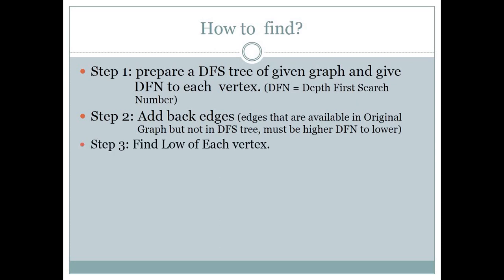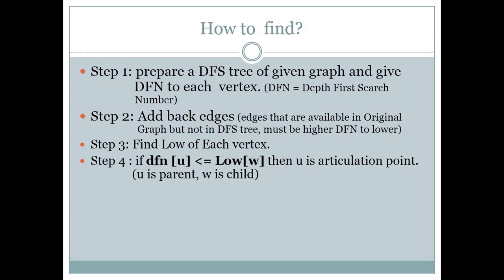Third step: find the low of each vertex. Step number 4 says if DFN of U is less than or equal to low of W, then U is the articulation point, where U is the parent and W is the child.